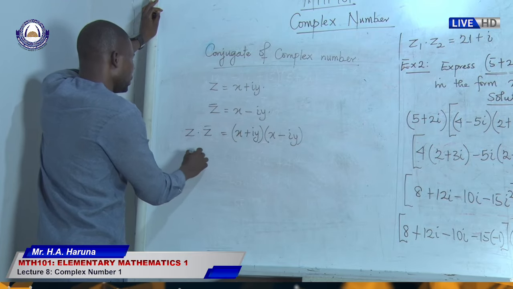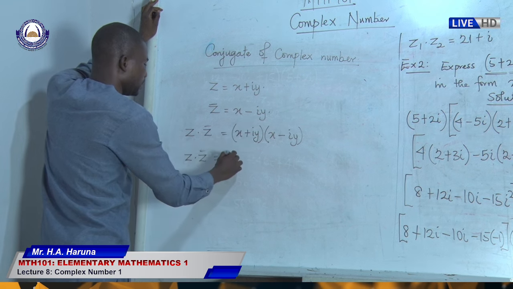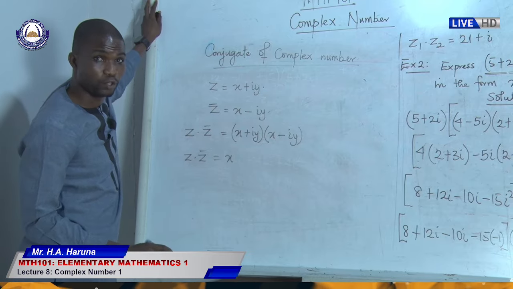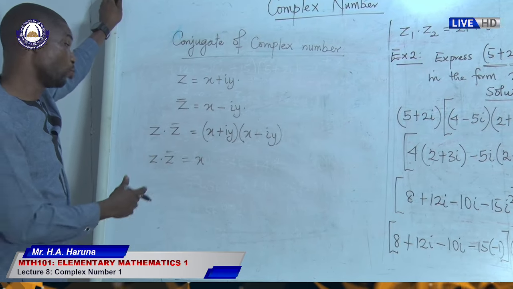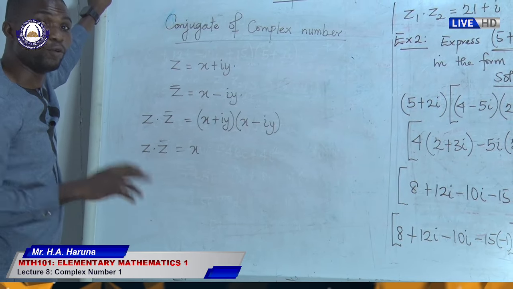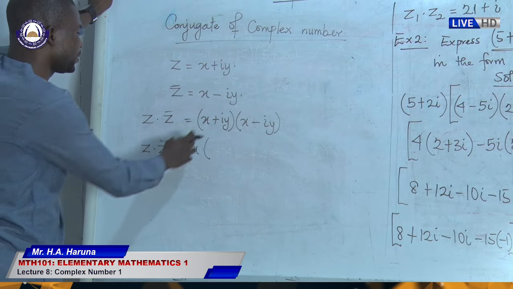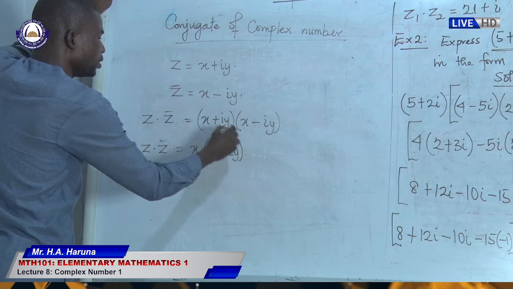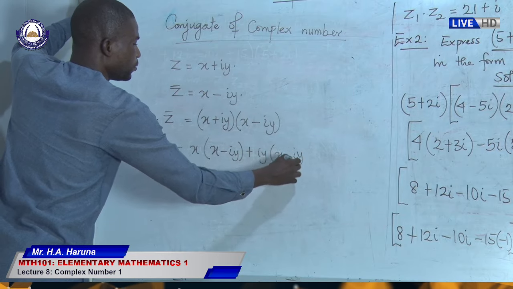So z dot z bar equals x times x. Let's distribute it like we have been doing, so that we will not mix it up. Though I said earlier that we can do it directly, it's not compulsory to do the distribution, but let's maintain that particular form. Now x distributed over this minus iy, then plus iy into x minus iy.